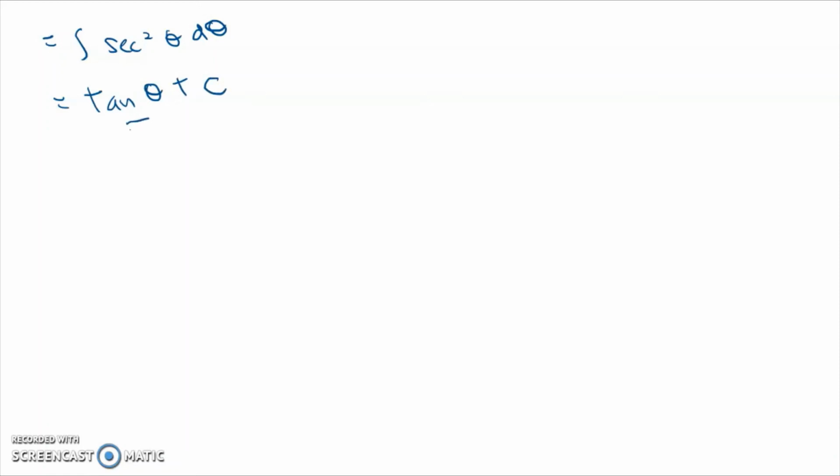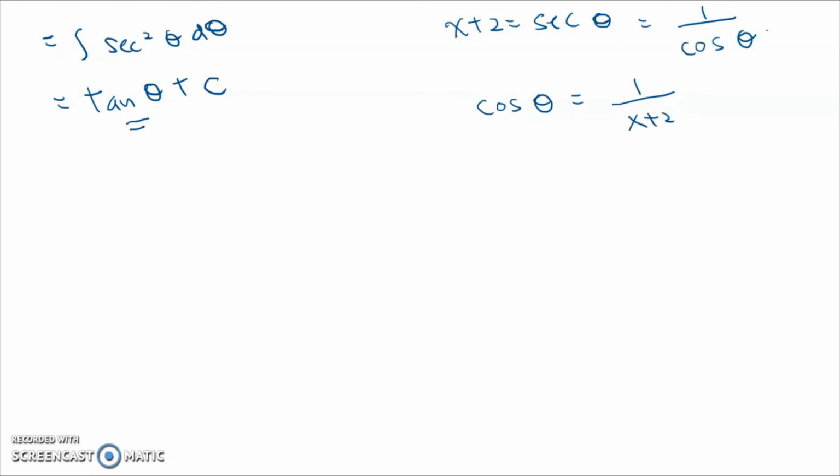And now the question: what is this tangent theta? Remember, previously we did the substitution x plus 2 equal to secant theta, and secant theta is equal to 1 over cos theta. So this means cos theta is actually equal to 1 over x plus 2.